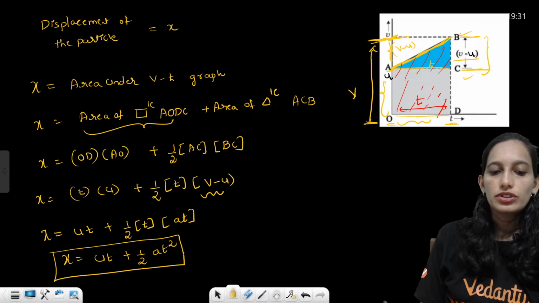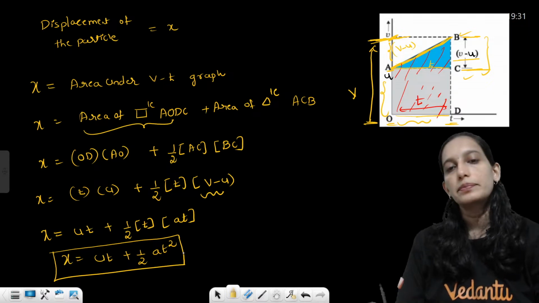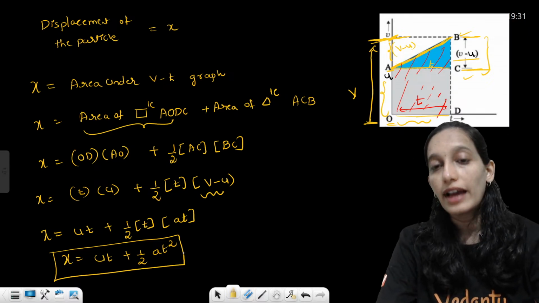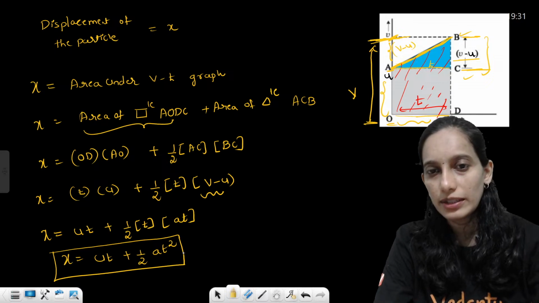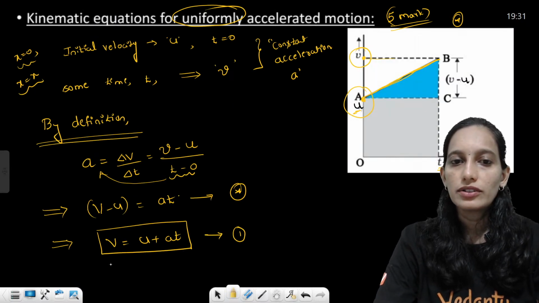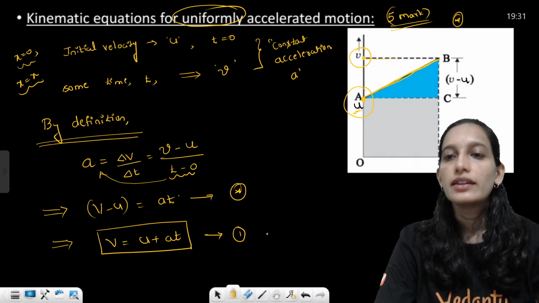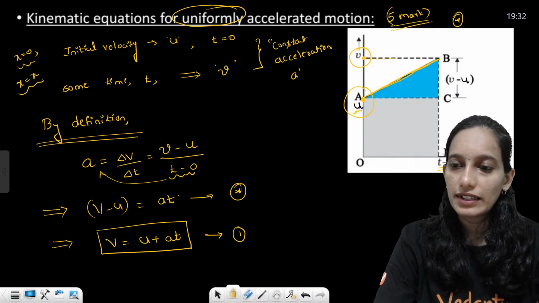This is just a simple graphical derivation, very simple. In the first step, to find V is equal to U plus AT, we just considered the definition of acceleration and we got it.